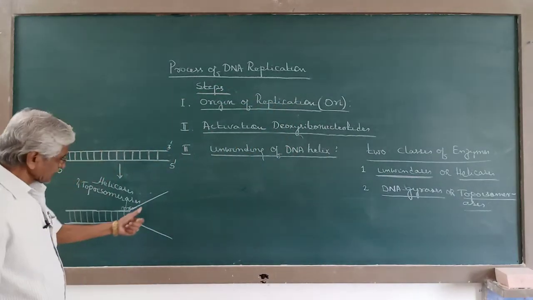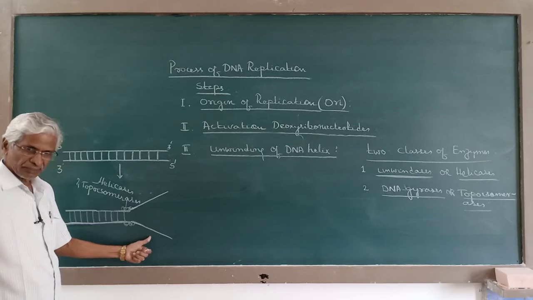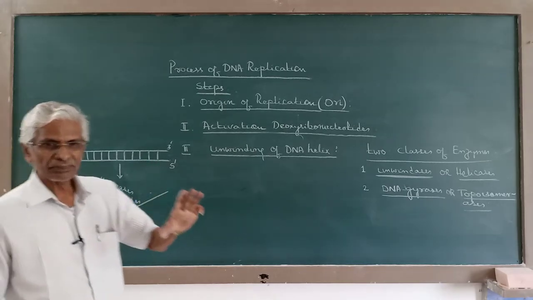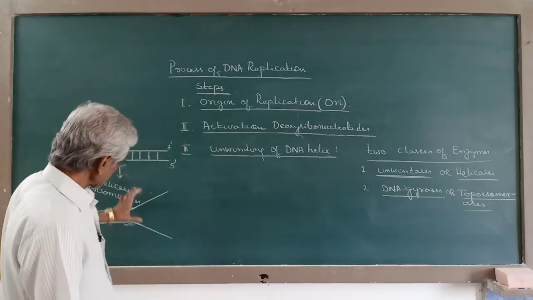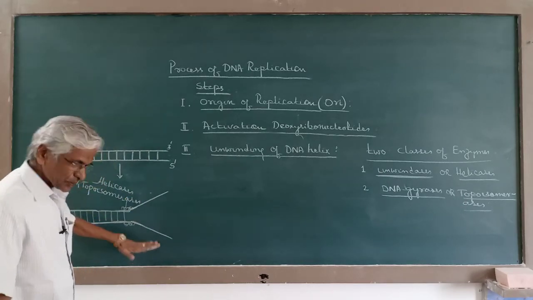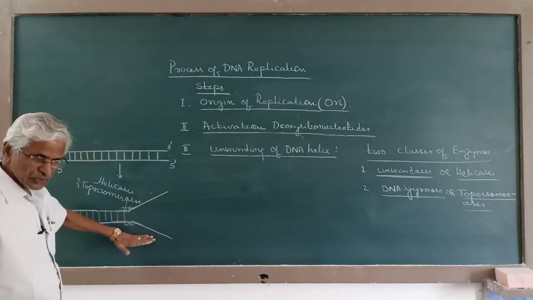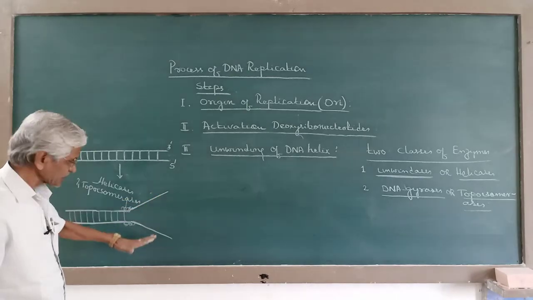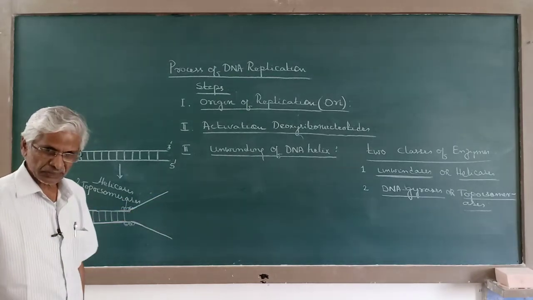Now here, these two strands after separation are being stabilized, that is, they remain separate. So after separation of these two strands, they are being stabilized so that the replication process takes place.